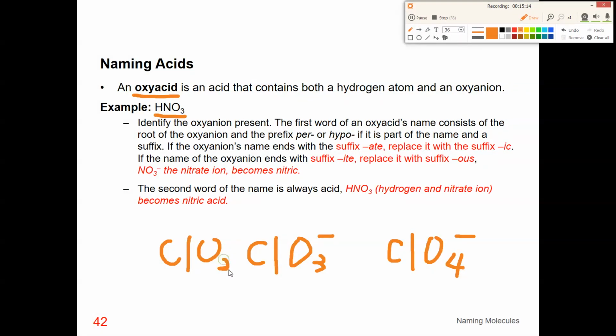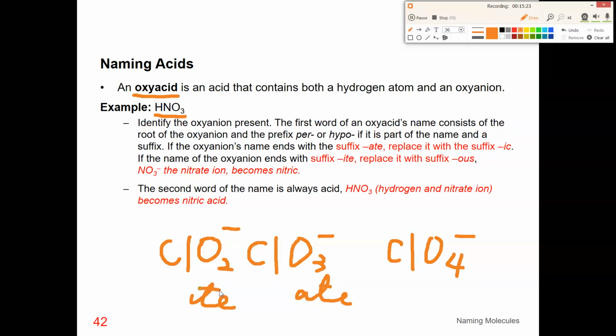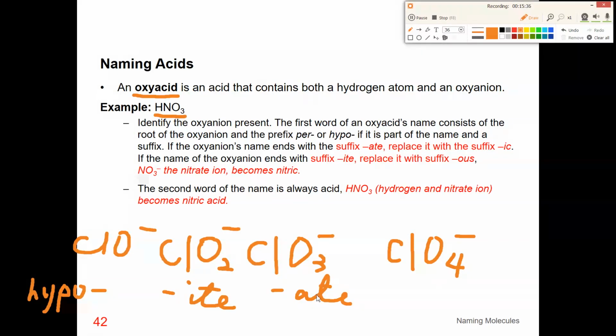If you have one less oxygen, it's the ATE chlorate, the ITE ending, you change the name. You have one less. So it depends on the number of oxygens. It changes the name of the acid.